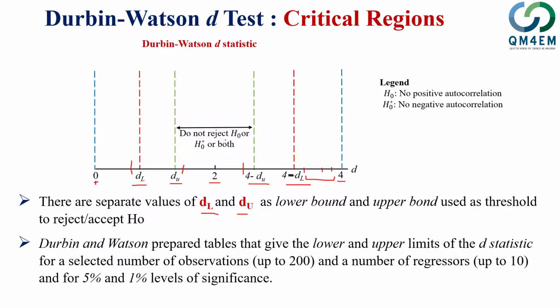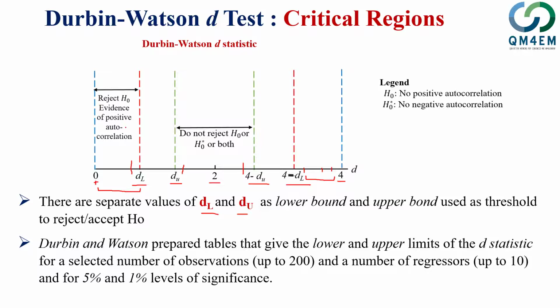However, if the value is within the range 0 to DL, we reject H0, that there is no positive autocorrelation, and accept H1, which says that there is a problem of positive autocorrelation.